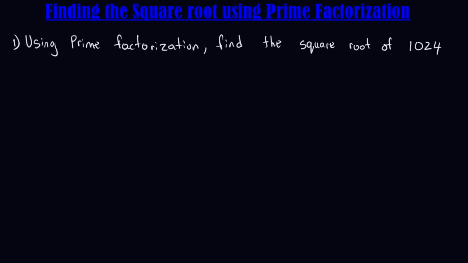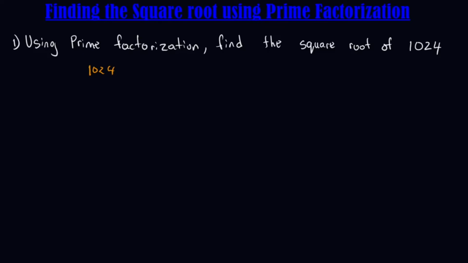The first example is using the prime factorization method. Find the square root of 1024. We know that there are 2 ways that we can find the prime factorization. We can create a factor tree, or we can use the table or ladder method.